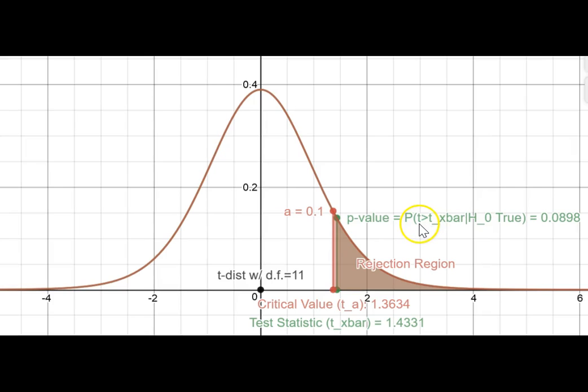So the probability of getting a t-score the same as what I got, or even more extreme, given that what I'm assuming to be true actually happened, is a very low probability. So the likelihood that I have a bad sample mean is unlikely.